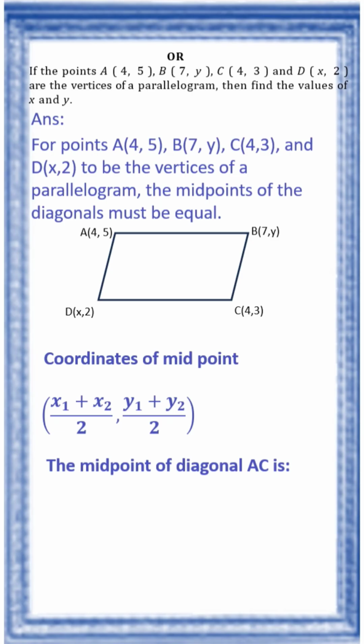How can we find the coordinates of the midpoint? (x1 plus x2) by 2, (y1 plus y2) by 2. The midpoint of the diagonal AC, how can we find? (4 plus 4) by 2, (5 plus 3) by 2, that is equal to 4, 4.